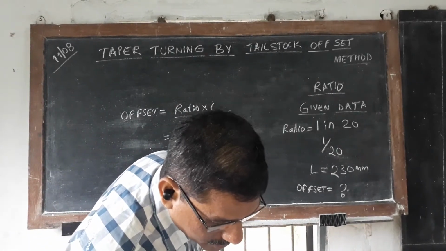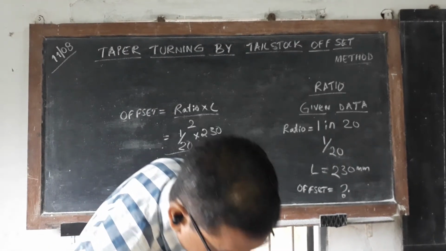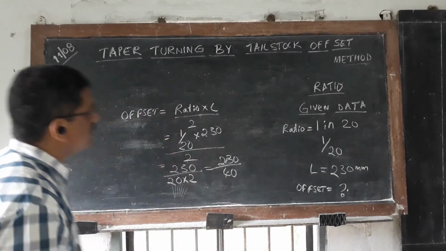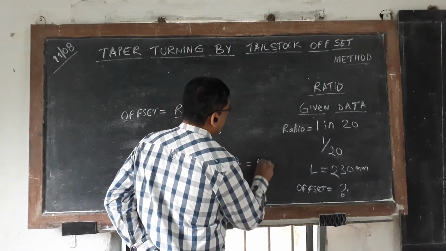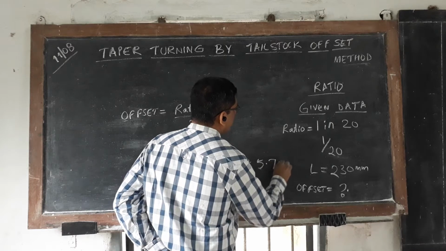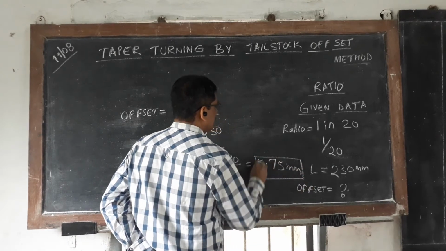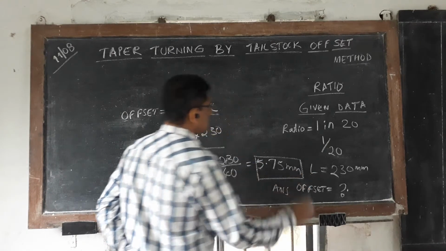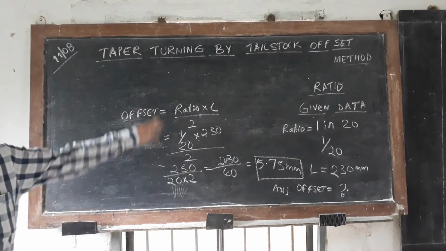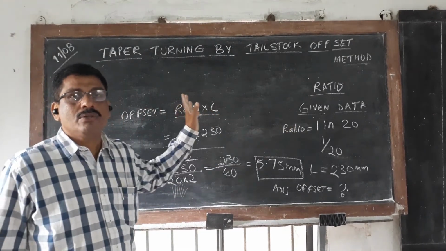Earlier it was 6.35 mm, and here it is 5.75 mm. So this is the answer, 5.75 mm, you can calculate it directly. By this much, you have to shift your tailstock.